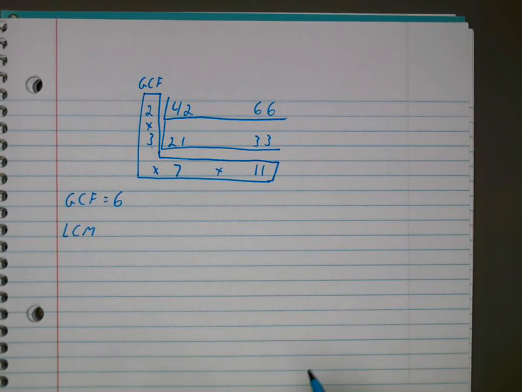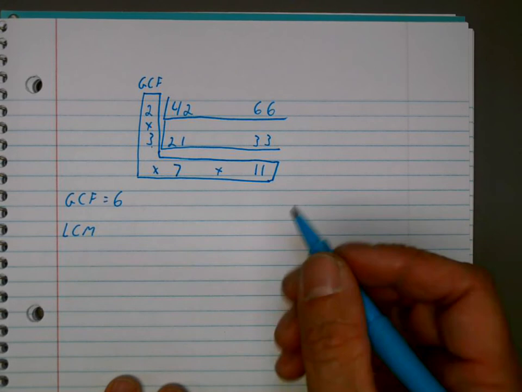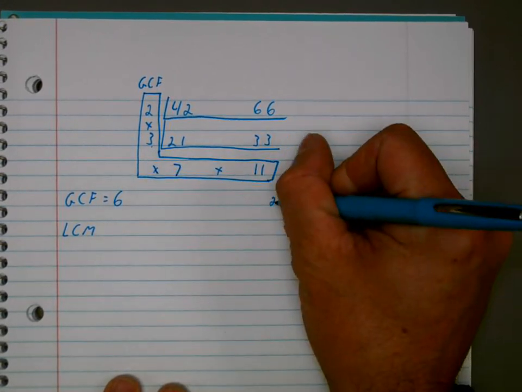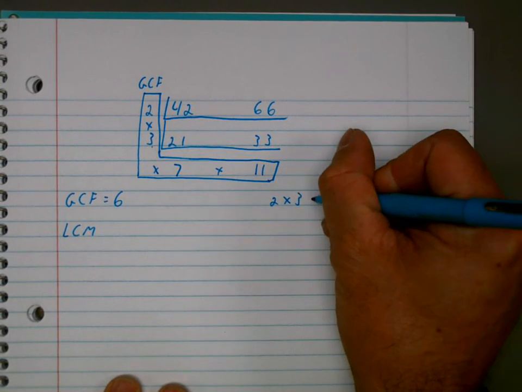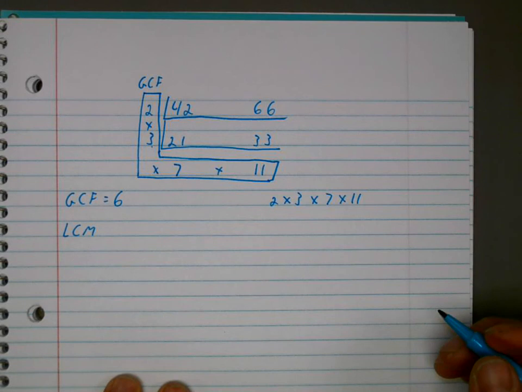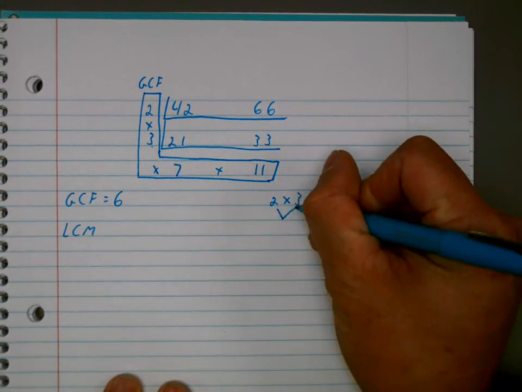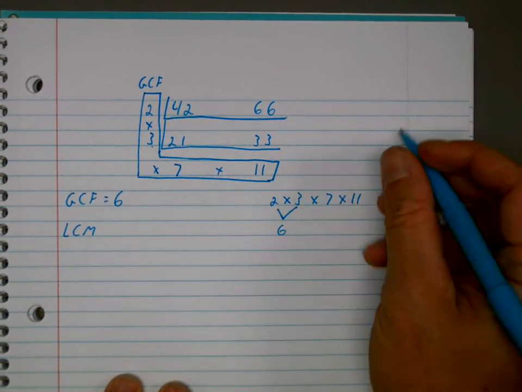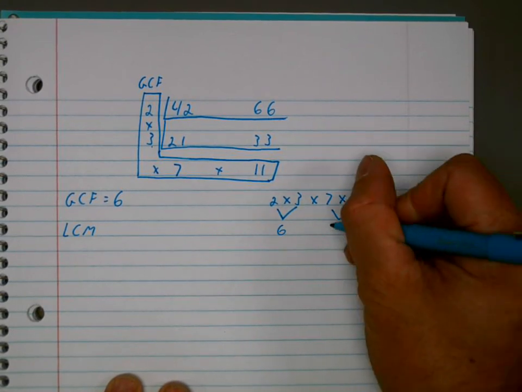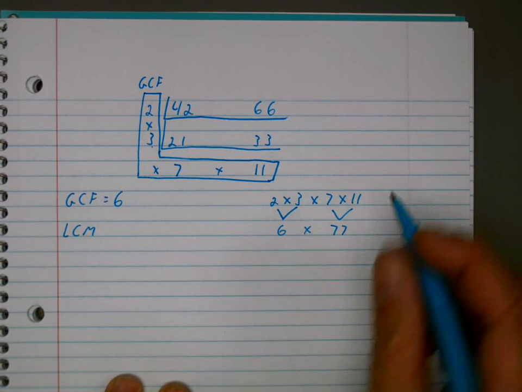And the L kind of stands for LCM. We'd multiply all these together. So I'll go ahead and write that down. It is 2 times 3 times 7 times 11. And I can break this down a little bit. 2 times 3 is 6. 7 times 11 is 77.